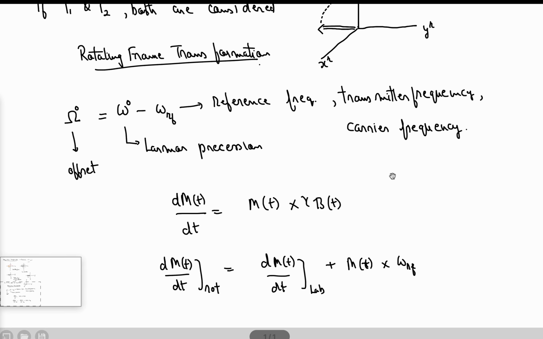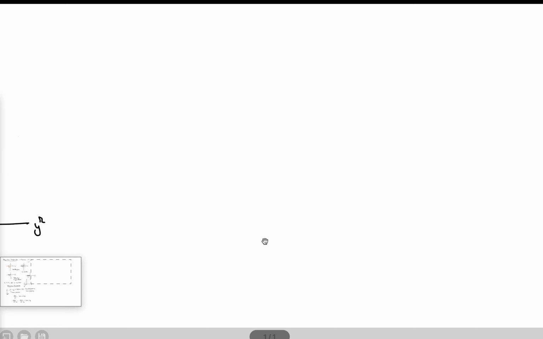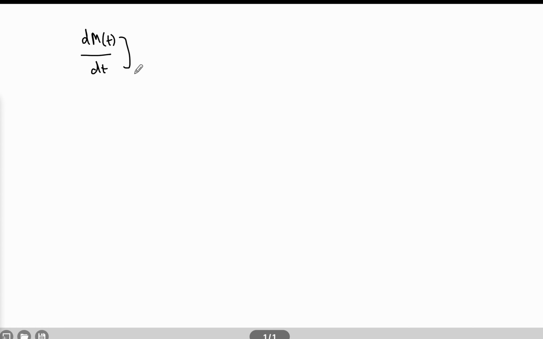Now this equation can be converted into, so we can write dM by dt in rotating frame is equal to M cross gamma B plus omega RF.